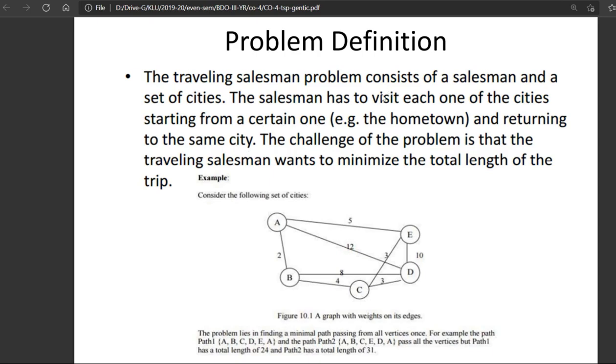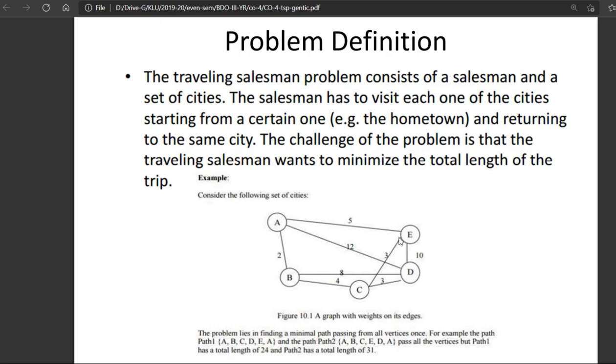So you need to traverse all the nodes one at a time, and again you have to reach back to the starting node. You have to start from a source node, travel all the nodes and again reach the source node.